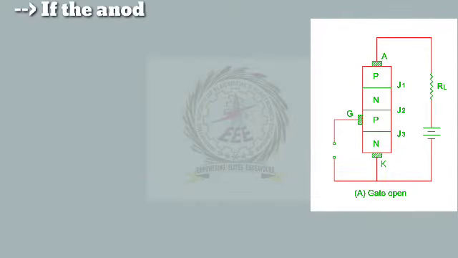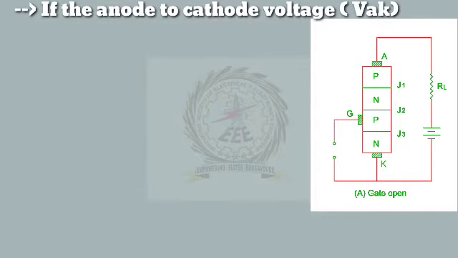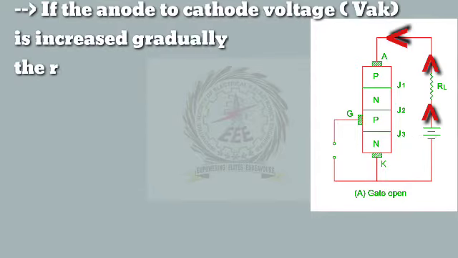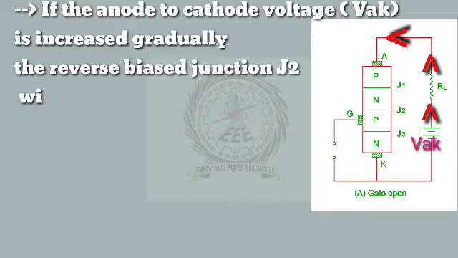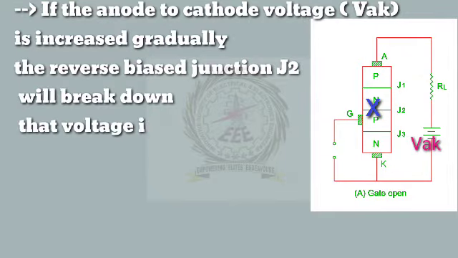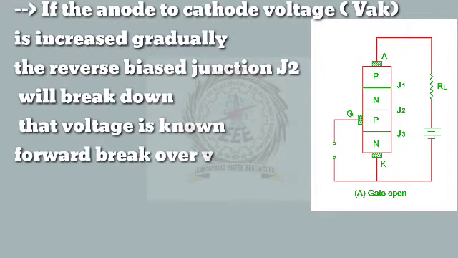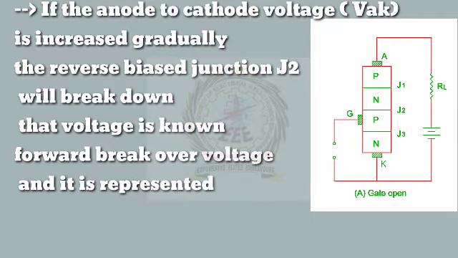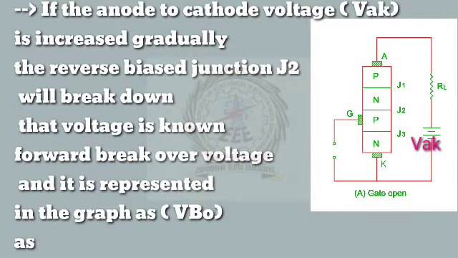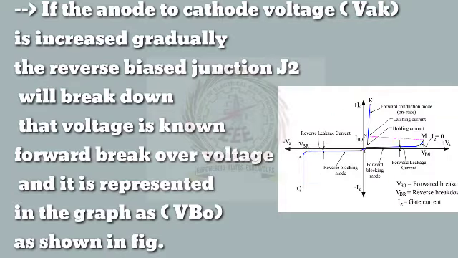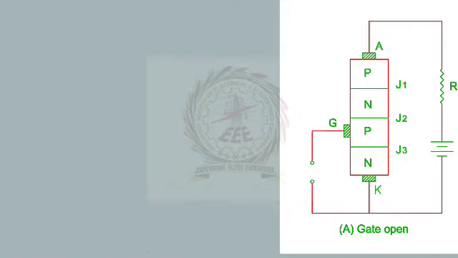If the anode to cathode voltage VAK is increased gradually, the reverse biased junction J2 will break down. This is known as avalanche breakdown, and the voltage at which the junction J2 breaks down is known as forward breakover voltage, represented in the graph as VBO as shown in figure.